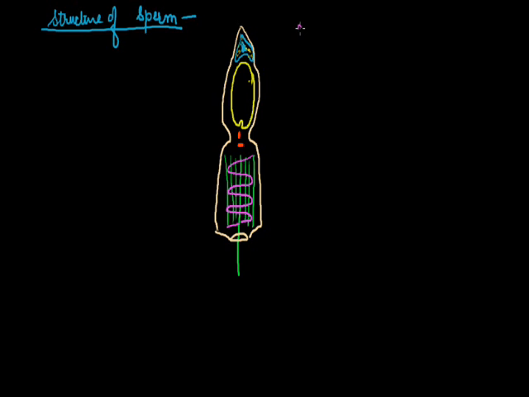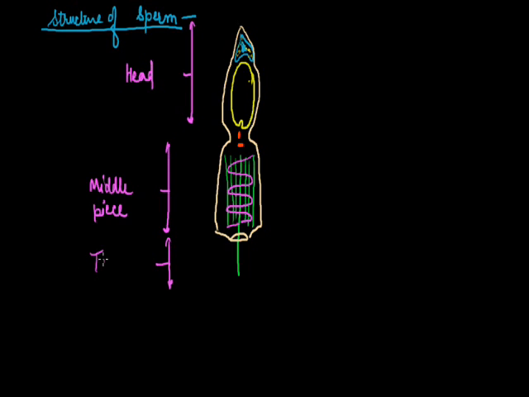The earlier one is known as the head. This region is the head region, while this section is known as the middle piece. And a thread-like structure arising from the middle piece is known as the tail. You can see a small constriction in between the head and middle piece.